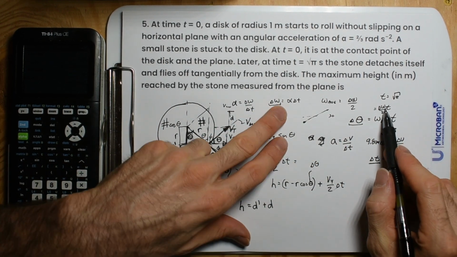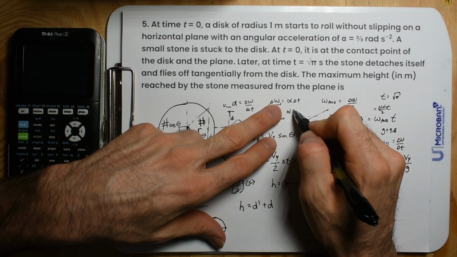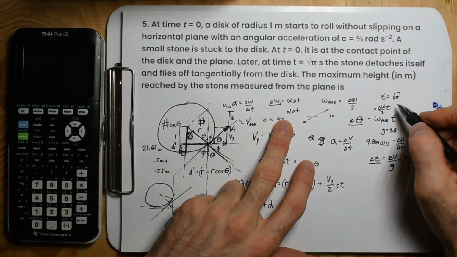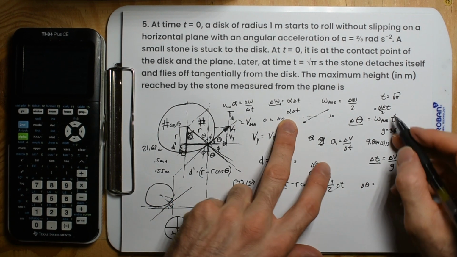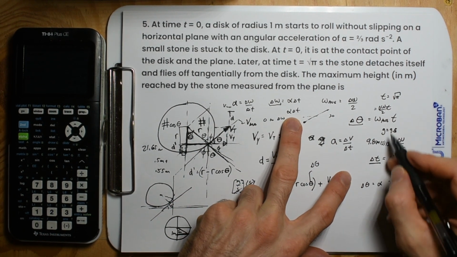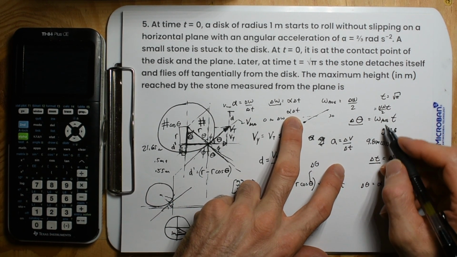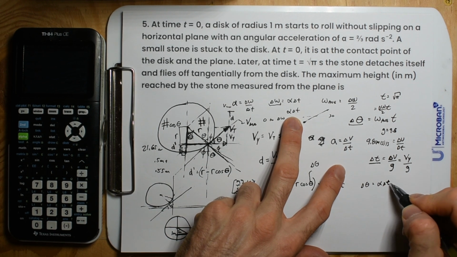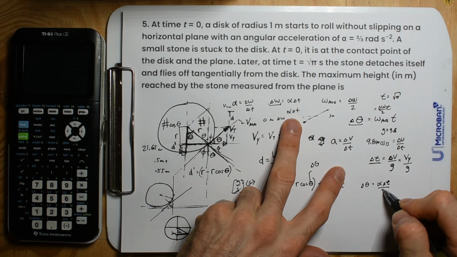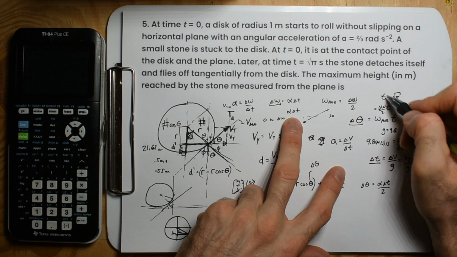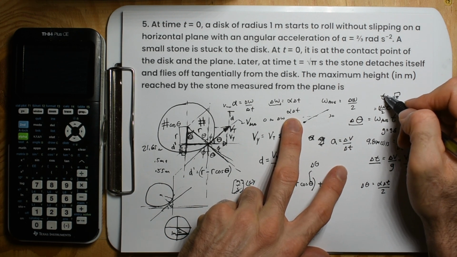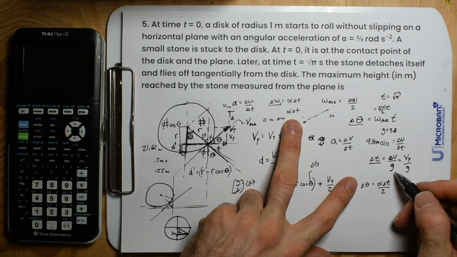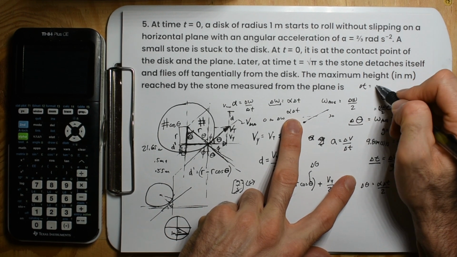Cool. And what's change in omega? Well, that's alpha change in t. So let's do that one. Change in omega is alpha change in t, and we're just going to say change in t is equal to t.